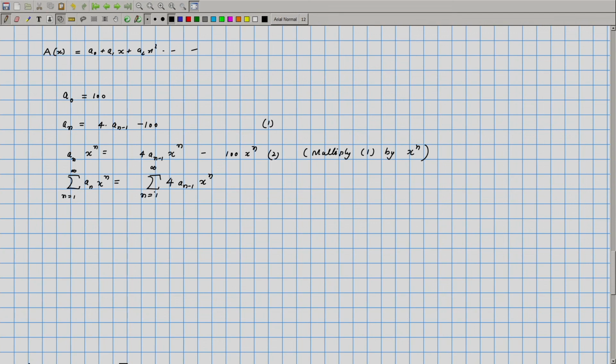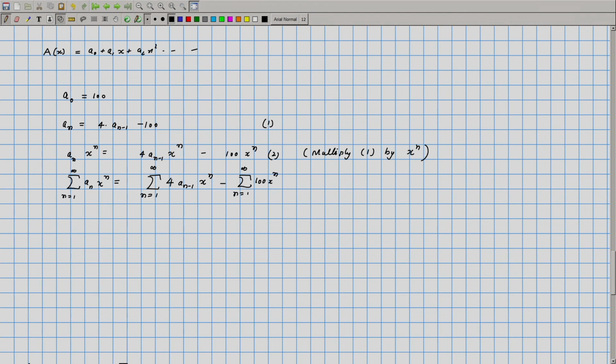The reason why we took n is equal to 1 to infinity instead of 0 to infinity is that the term a n minus 1 would not have made sense when n is equal to 0. And furthermore, equation 1 which we started off with holds only for values of n greater than or equal to 1. Okay. And minus summation n is equal to 1 to infinity 100 x raised to n.